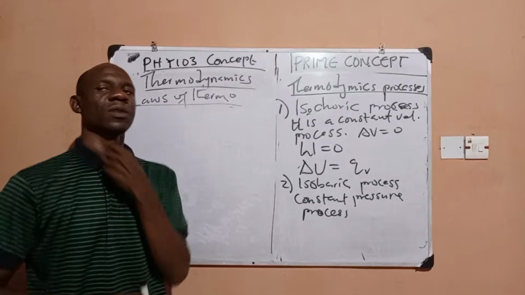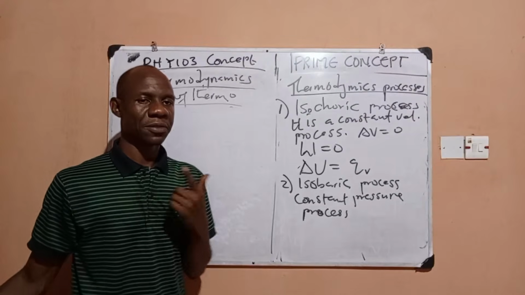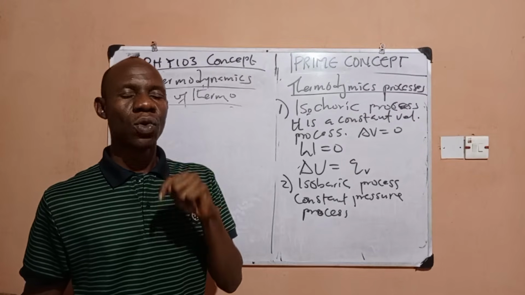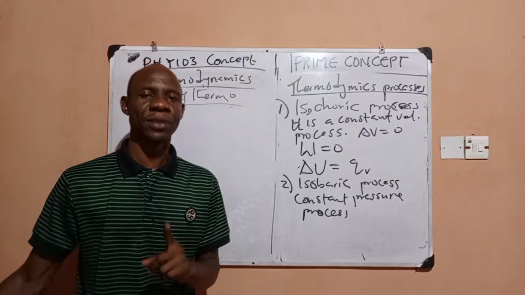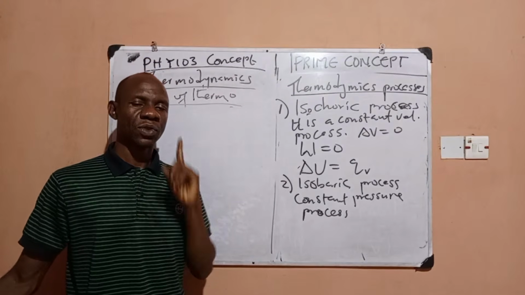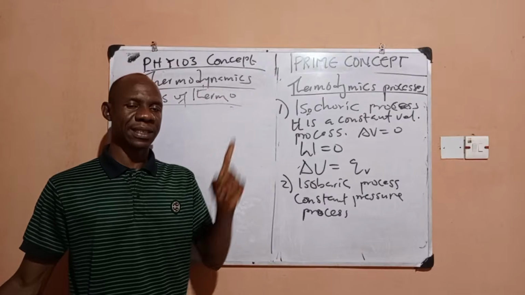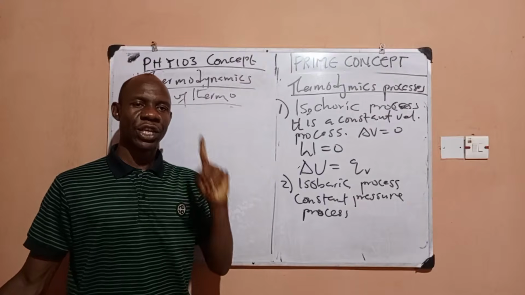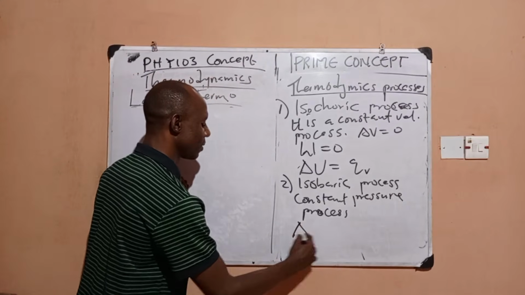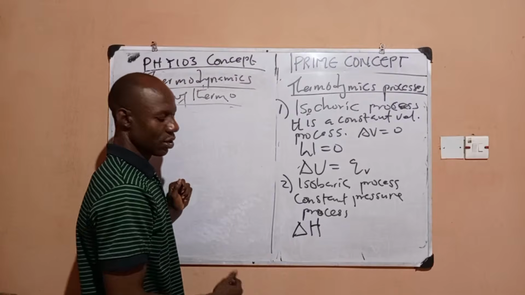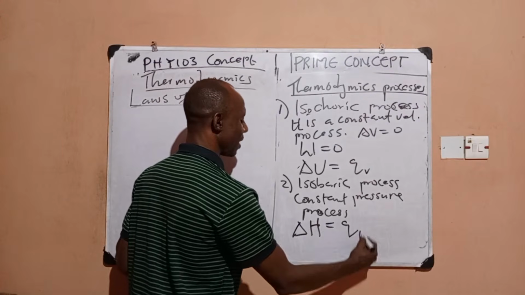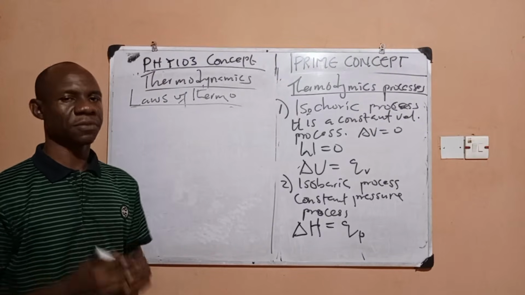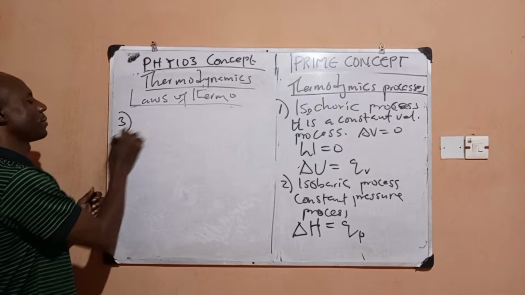And I want you to note that when heat is transferred at constant pressure, that heat that is transferred is known as change in enthalpy. So what is change in enthalpy? Change in enthalpy is heat transferred at constant pressure. Remember, change in enthalpy is delta H. So change in enthalpy is heat transferred at constant pressure. Don't forget.